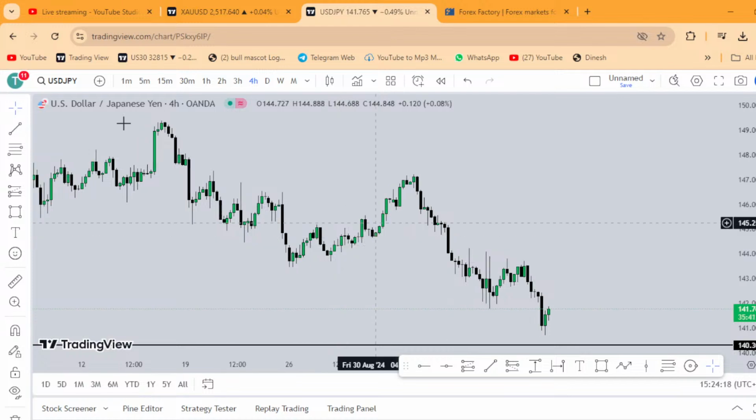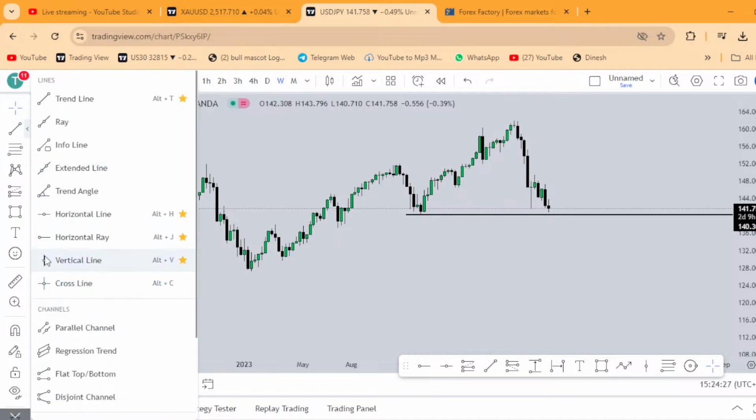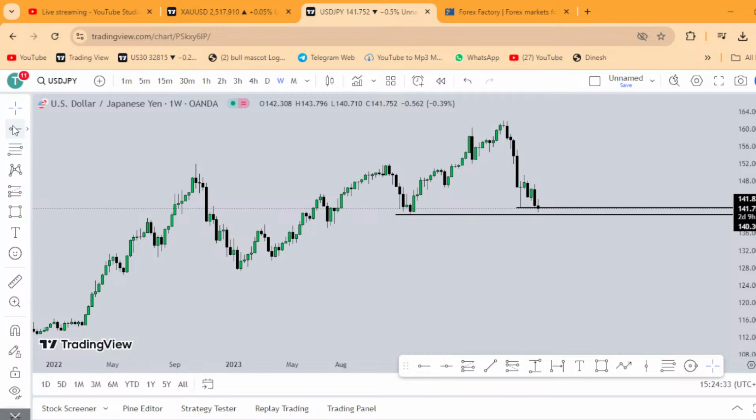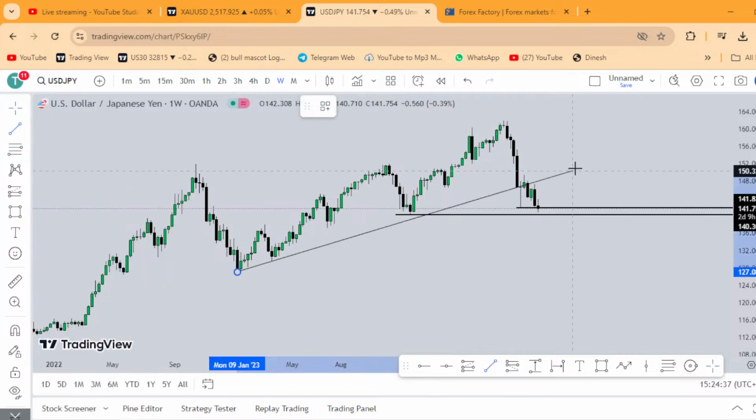So, looking at the big picture, USDJPY just took out this low there, and it is still in a bullish range, or whereby we are still looking at a bullish move overall.